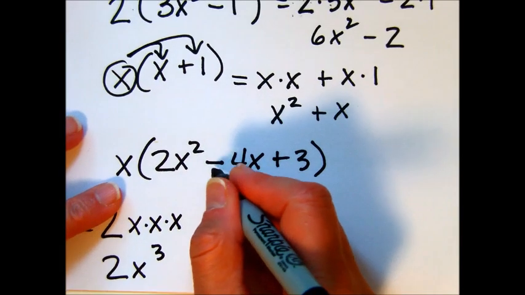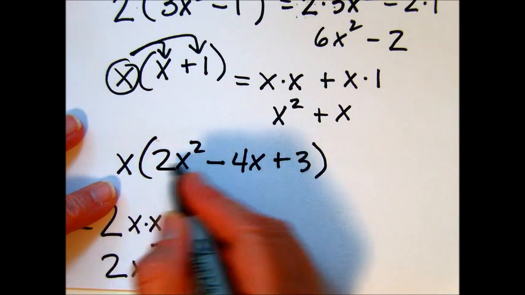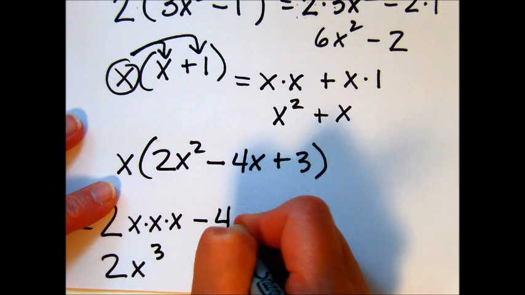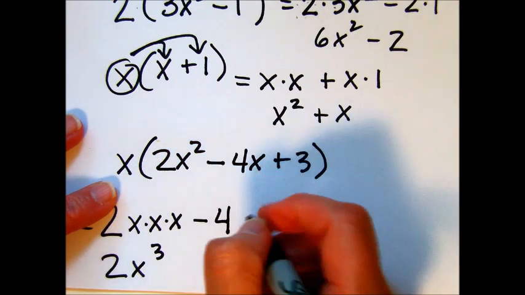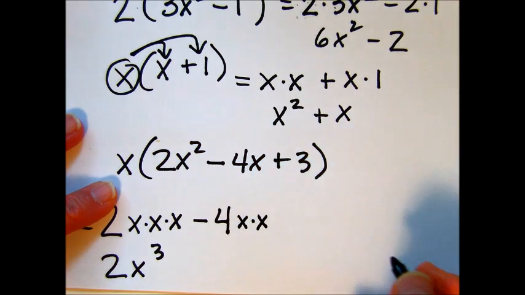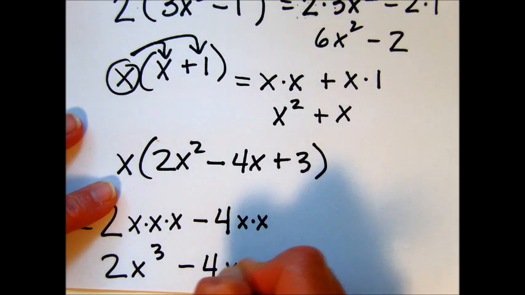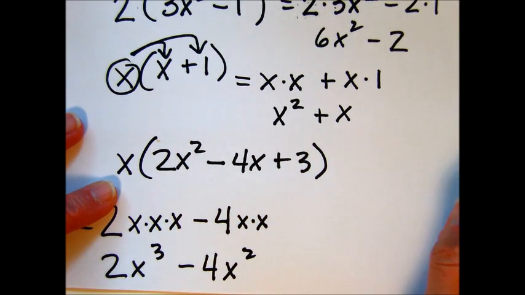And then here we've got a positive times a negative 4, so that'd be a minus 4, and that's x times x, which is going to be 4x squared, excuse me.